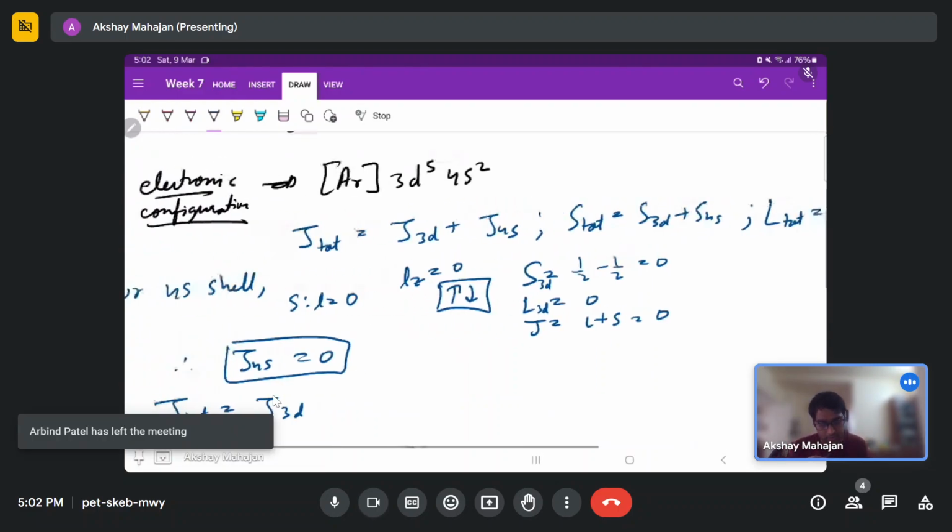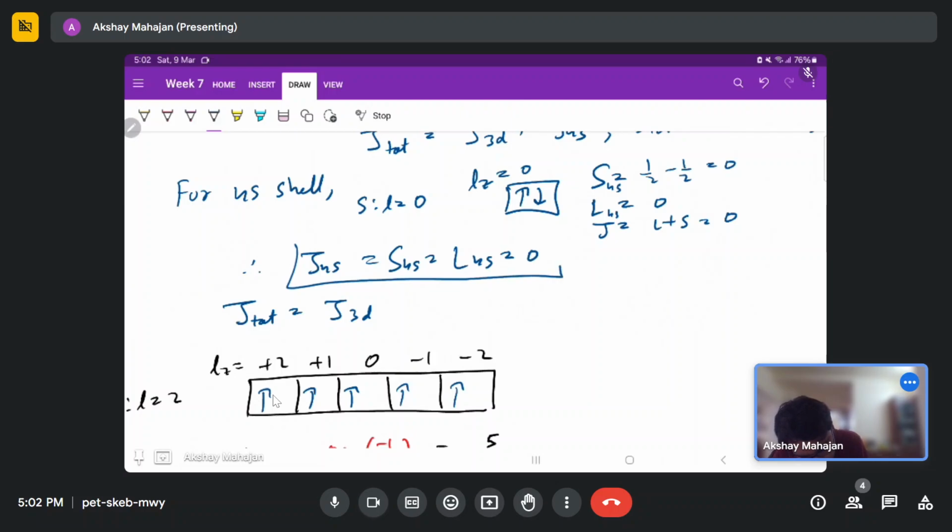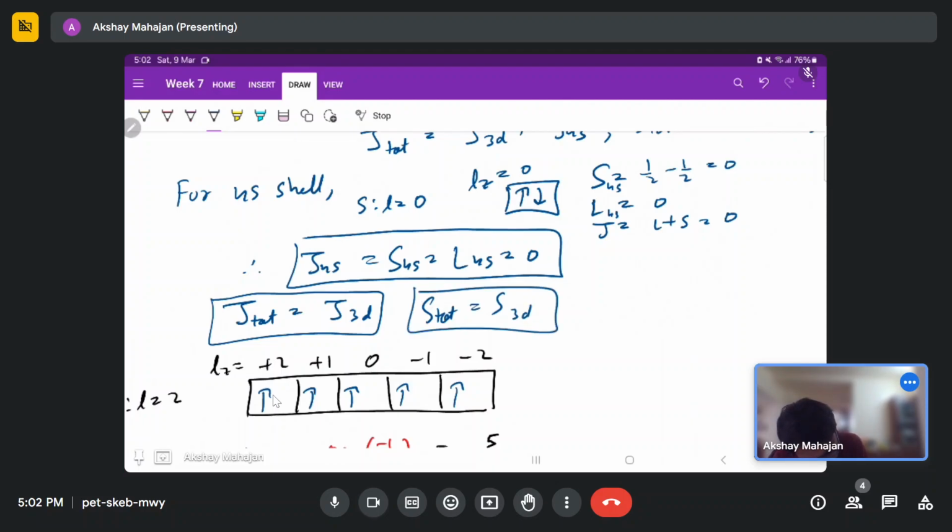Since all of them are 0, J4S equals S4S equals L4S equals 0. That's why we will have J total equals J3D, S total equals S3D, and L total equals L3D.